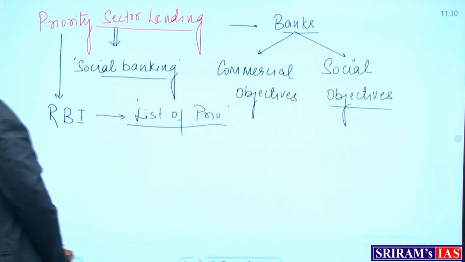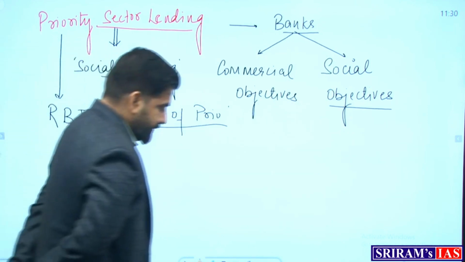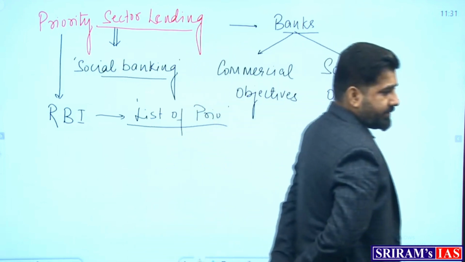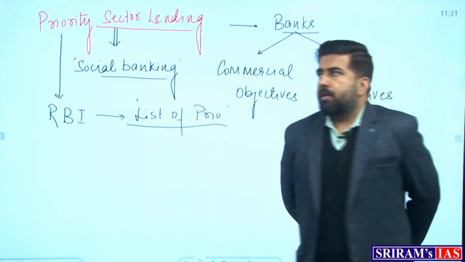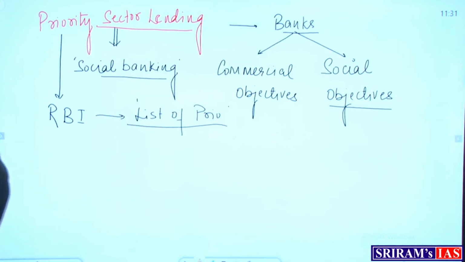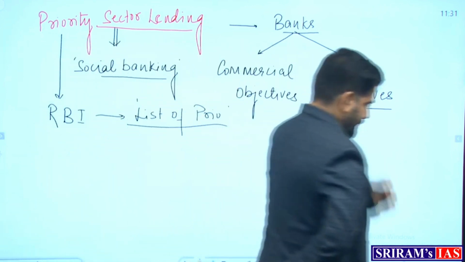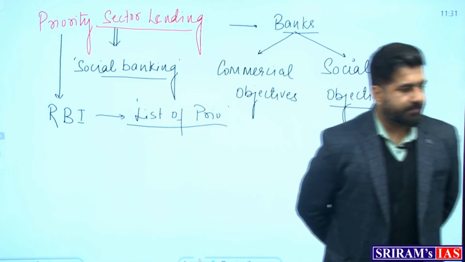Fifth, regional rural banks. How much? 75%. And lastly, urban cooperative banks.